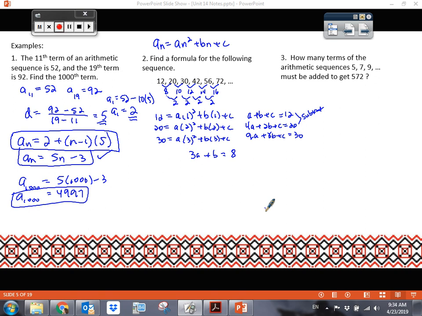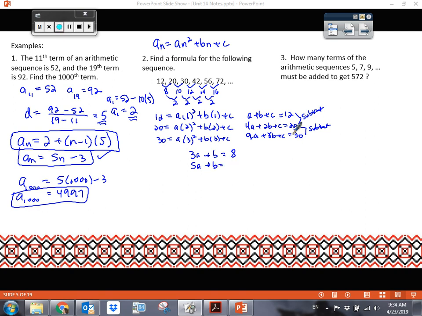Again, it's a pattern. If you use the first and second term to do this, this part is always going to be the same, right? It's always going to be the same if you do the same technique. Now I'm going to subtract these two. So 9a minus 4a is 5a. 3b minus 2b is b.